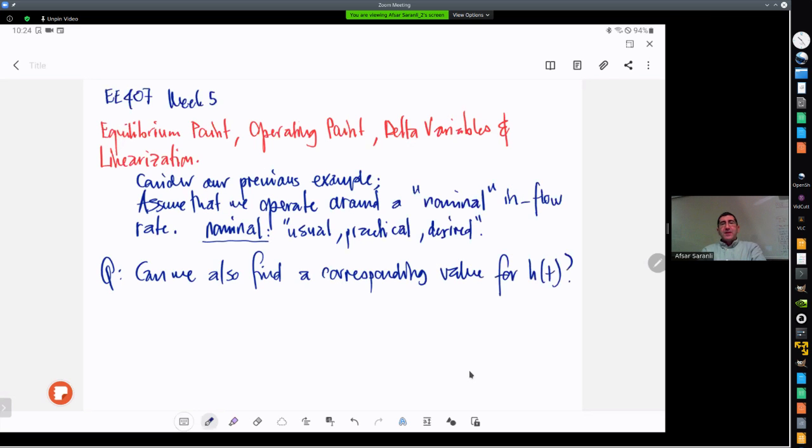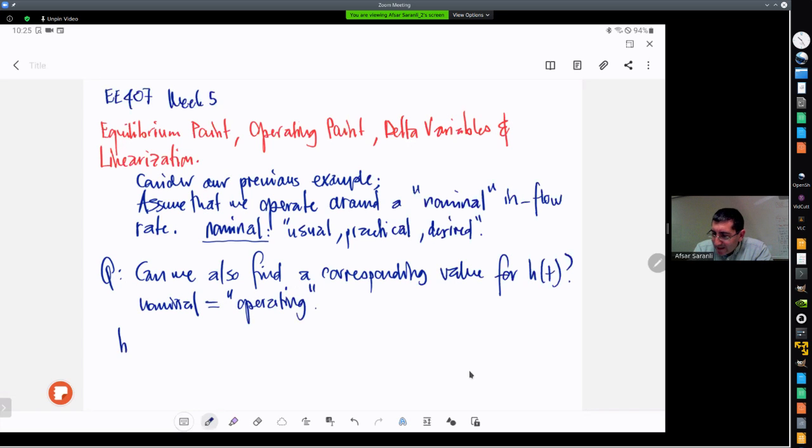That means if I'm operating with a nominal inflow, is there also a nominal fluid height? Nominal is kind of used in a way equivalent to operating. So nominal inflow rate means operating inflow rate.